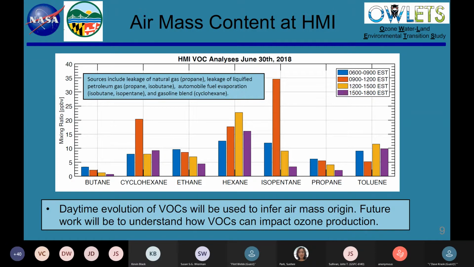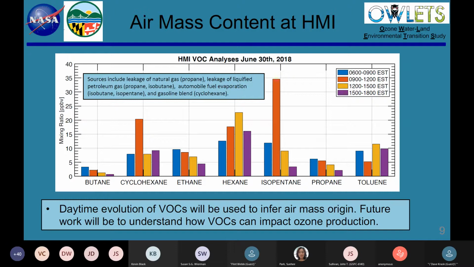So you could really spend some time trying to understand which VOCs we had certain upticks in during times of the day. You can see the 9 to 12 local time hours are generally an uptick in cyclohexane and isopentane. So you can then go back and try to appropriately source those to a specific VOC emission region.